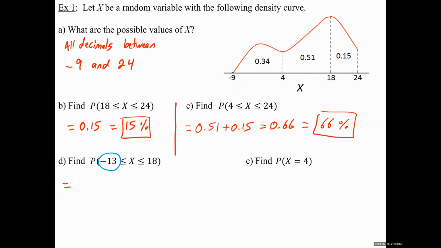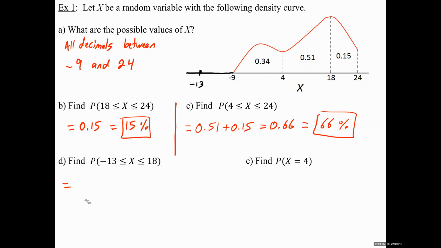If you were to extend the number line this way, then -13 would be maybe here. If I ask you, what's the probability of getting the number -13 out of this bag? The answer is there's no chance, because there's no curve above the number -13. -13 is not in the bag.